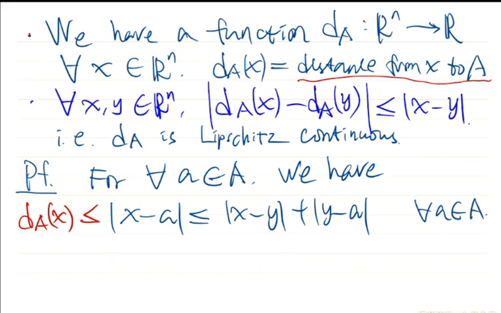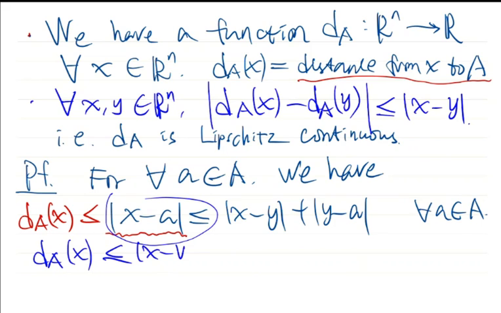Because d_A(x) is the infimum of this distance when a changes over the set A. So we have this inequality. We forget the middle term here. That is, d_A(x) is not greater than the norm of x minus y plus the norm of y minus a. But this is also true for every a in the set A.